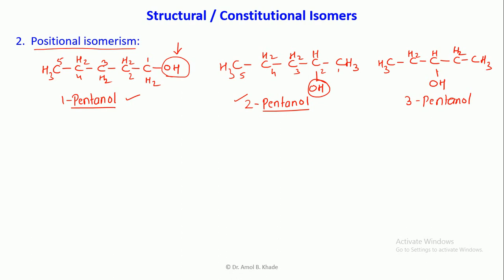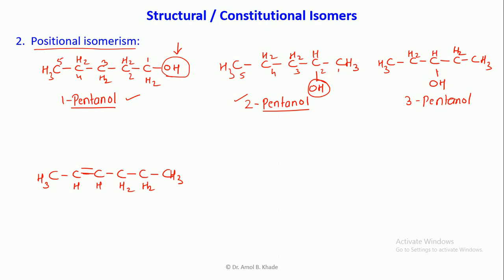Now we'll see one more example of positional isomer. Now I will draw the structure containing 6 carbon atoms, so 4, 5 and 6. Now let's say I have attached a double bond here. So this becomes an alkene, right? Then this will be CH3, this will be CH, this will be CH, then CH2, CH2 and CH3.